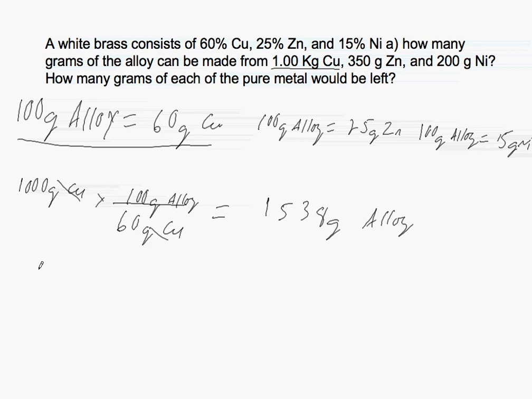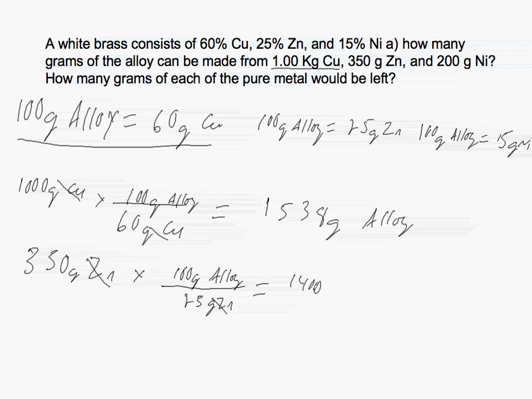Do the same thing with the zinc: 350 grams of zinc times 100 grams of our alloy, divided by 25 grams of zinc. Grams of zinc cancel out. We get 1,400 grams of the alloy.